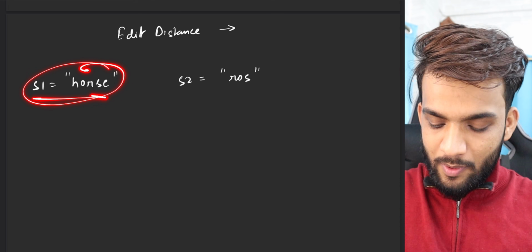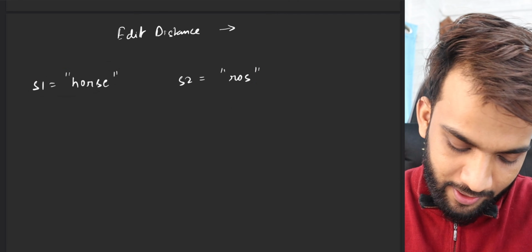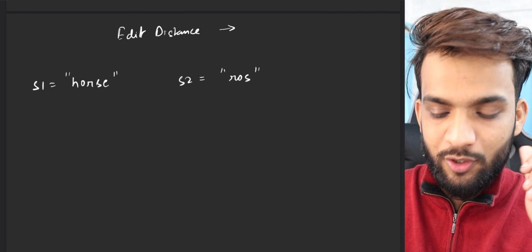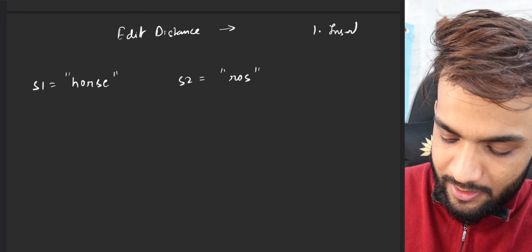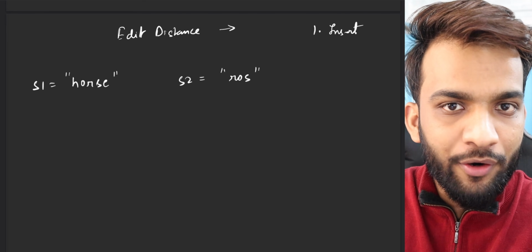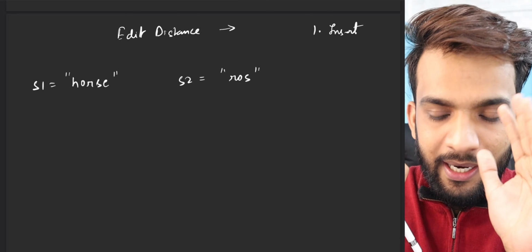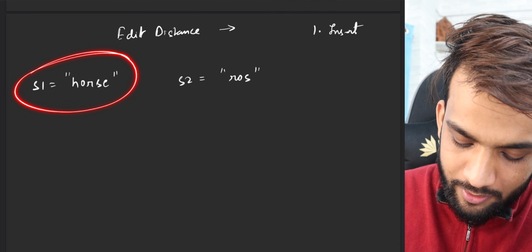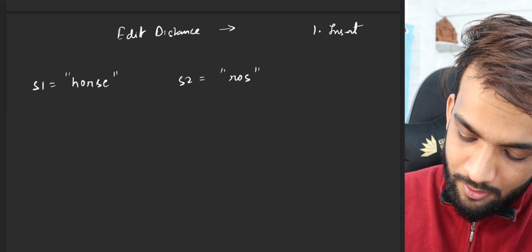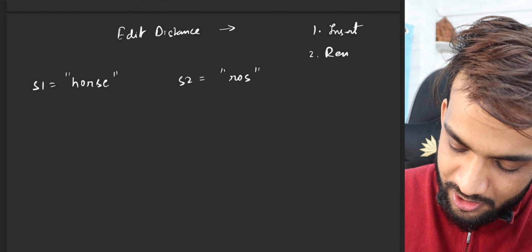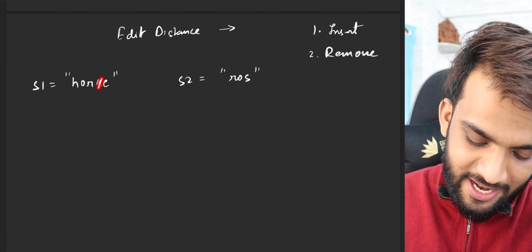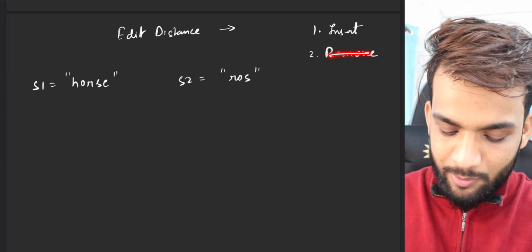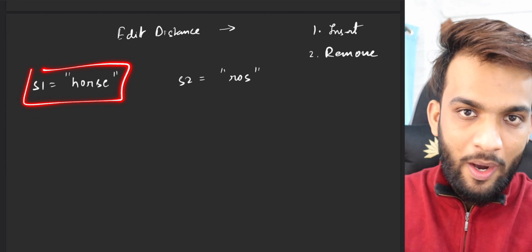You're given a string s1, you're given a string s2, and there are three different operations given to you. One is insert: you can take any character and insert it anywhere in string s1. Next is remove, which means deletion: you can take any character and remove it from s1.